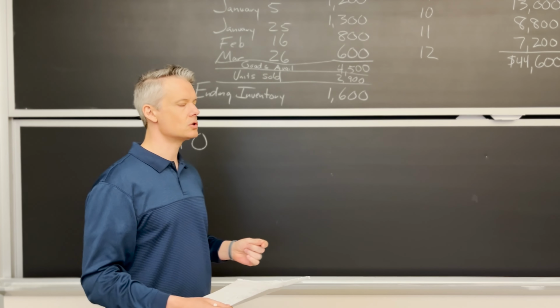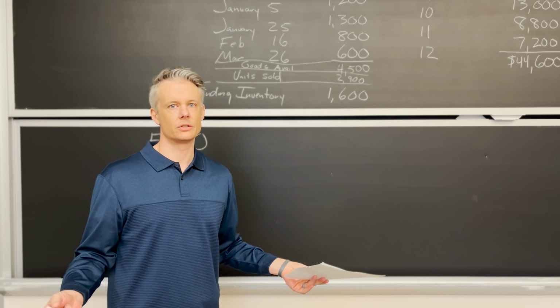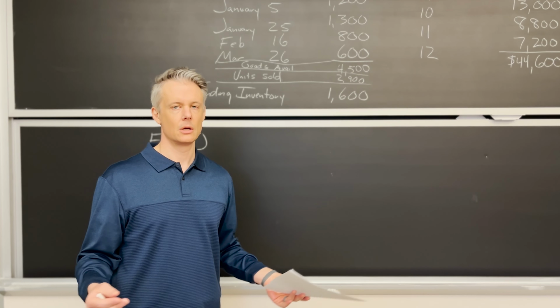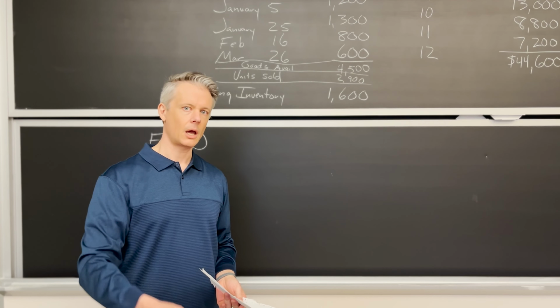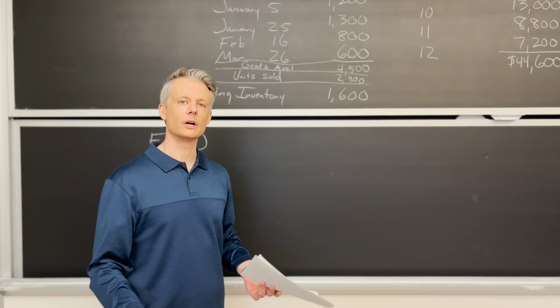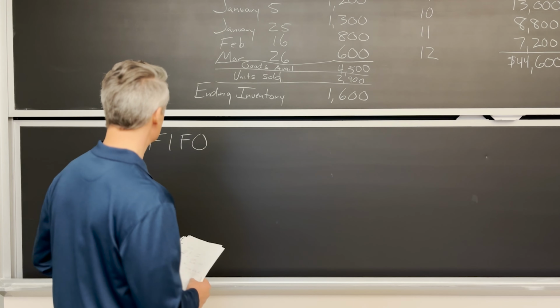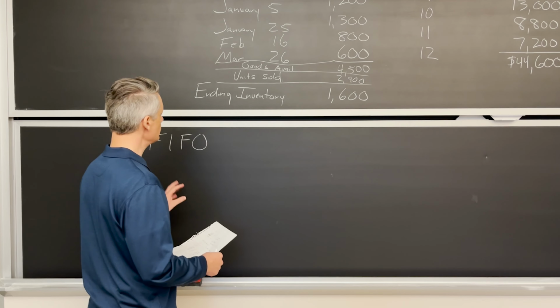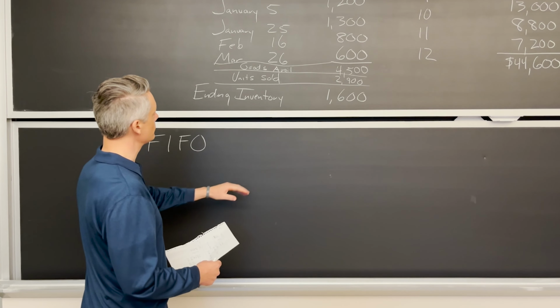We're going to answer 2 questions with each of these methods because this is ultimately the implications. What is cost of goods sold and what is ending inventory? I'm going to start each by calculating cost of goods sold. Cost of goods sold under first in, first out.